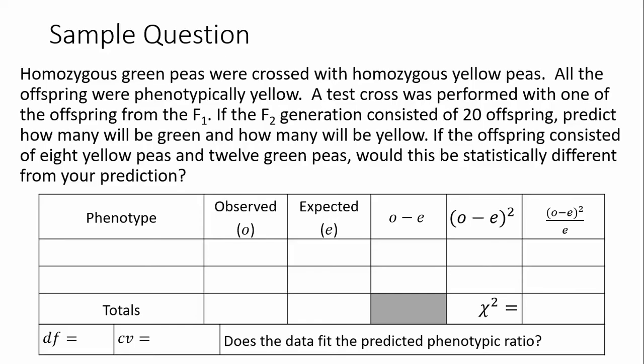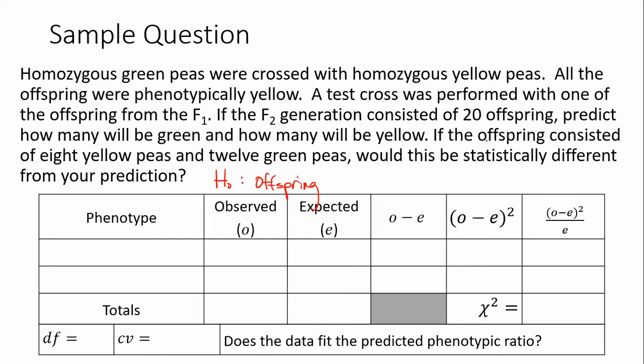So let's look at a sample question here. First, I'm going to give you the null hypothesis because the null hypotheses are a little weird for genetics. But basically, your null hypothesis is that offspring will have the expected ratio of colors based on our Punnett square.